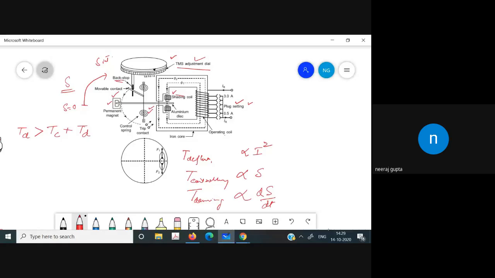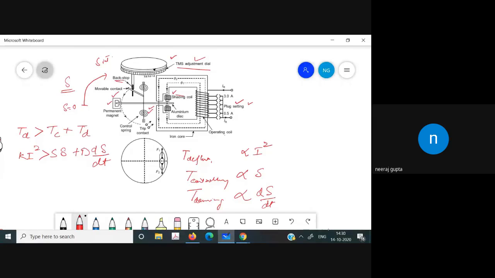Deflecting torque is proportional to I square, so we use K I square, which is greater than the controlling torque. Controlling torque is proportional to delta, so we use some constant S, giving S delta. For the damping torque, we use D as a constant, and it is proportional to d delta by dt.